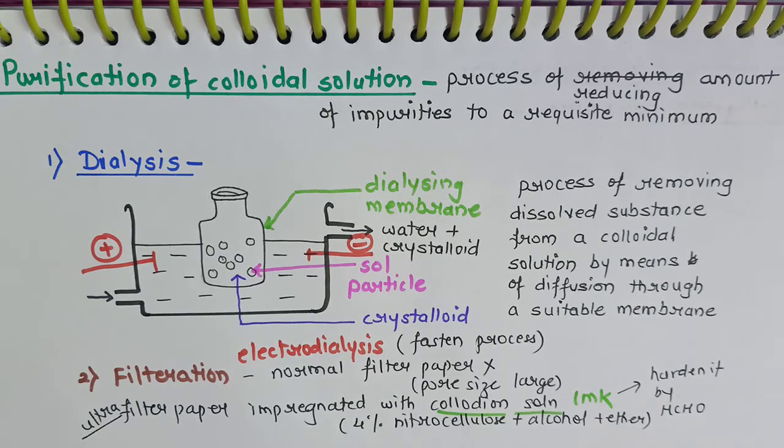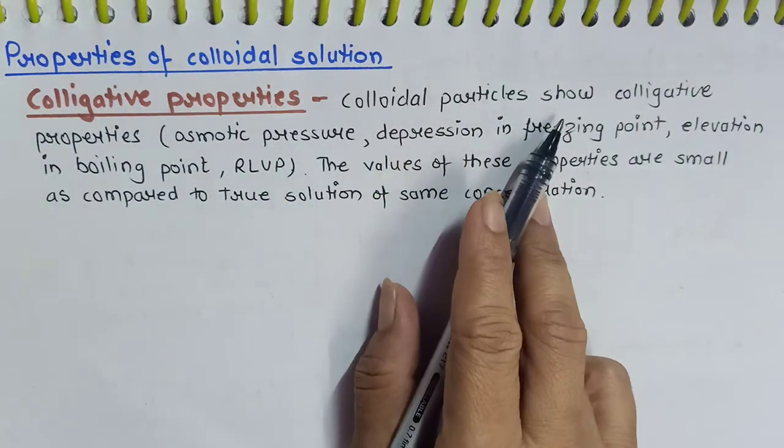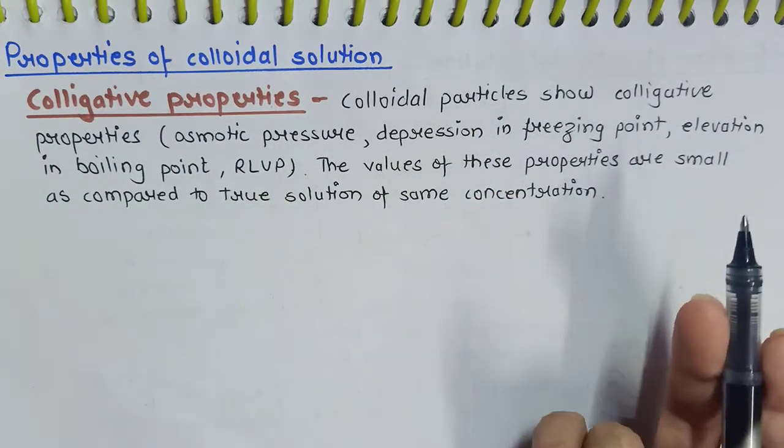Let us move on to the properties of colloidal solution. Colloidal solution shows a variety of properties. In that, the very first is colligative properties. We have studied in the chapter Solutions that true solutions show colligative properties, and these colligative properties are exhibited by colloidal solutions also. What are the colligative properties?